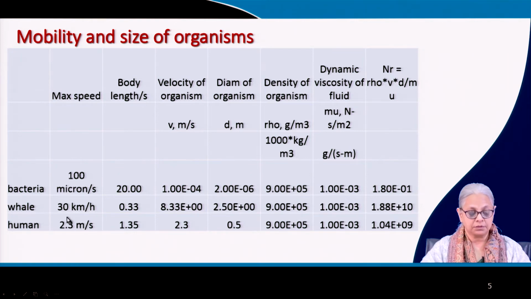For a whale, it's 30 kilometers per hour, and for a human being, it's 2.3 meters per second. I can convert that to body length because I know the length of the organism. So if I want to compare how fast do these organisms move, you can see that the bacteria is moving 20 body lengths per second. So just imagine that it is faster on a relative scale.